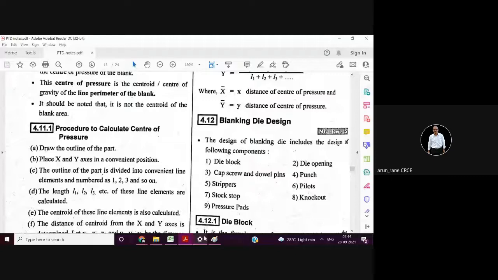So you have to consider the length of the element and do not consider the area. All of you are aware of how to calculate the center of pressure.